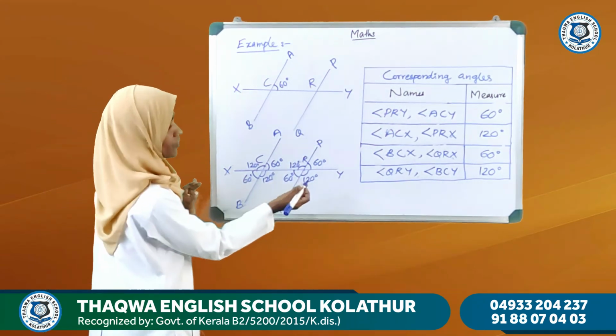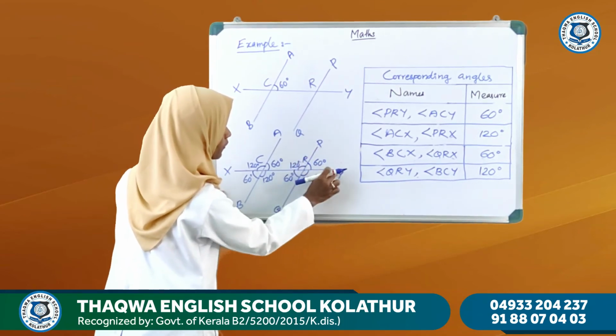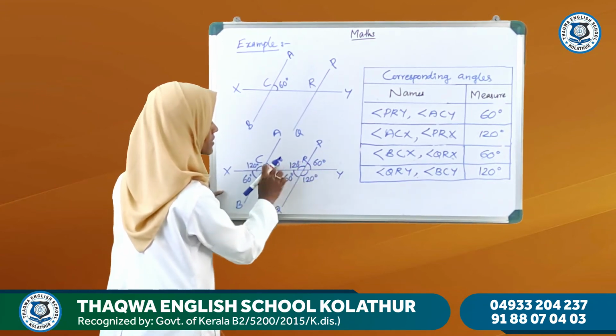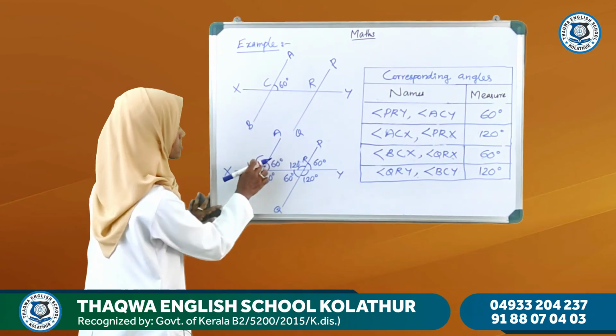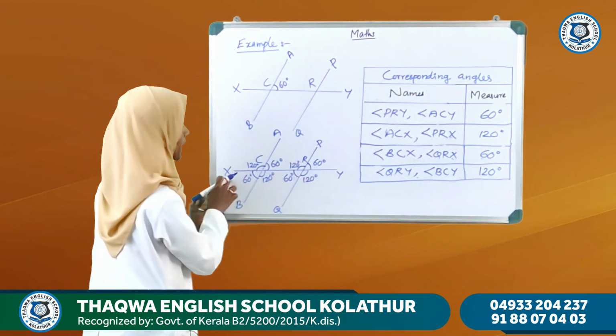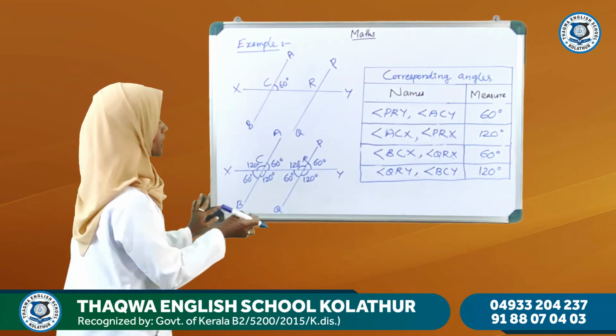Okay. Listen all of you. Angle PRY, angle ACY. They are 60 degree. The next one, angle ACX, angle PRX. The measures are 120 degree.